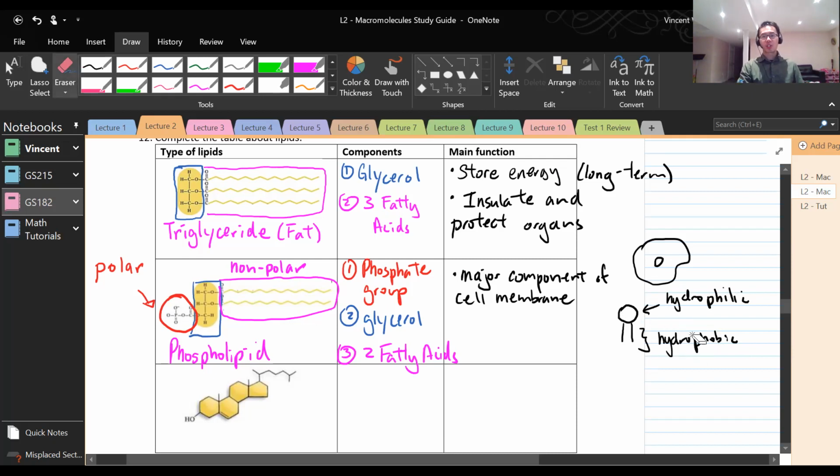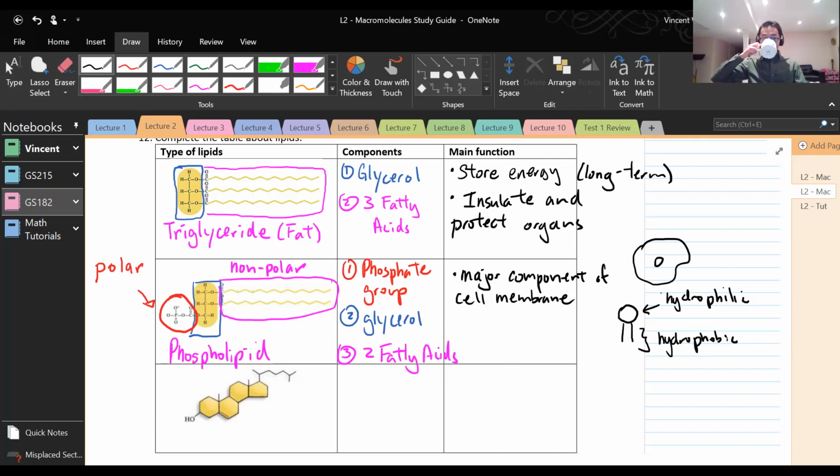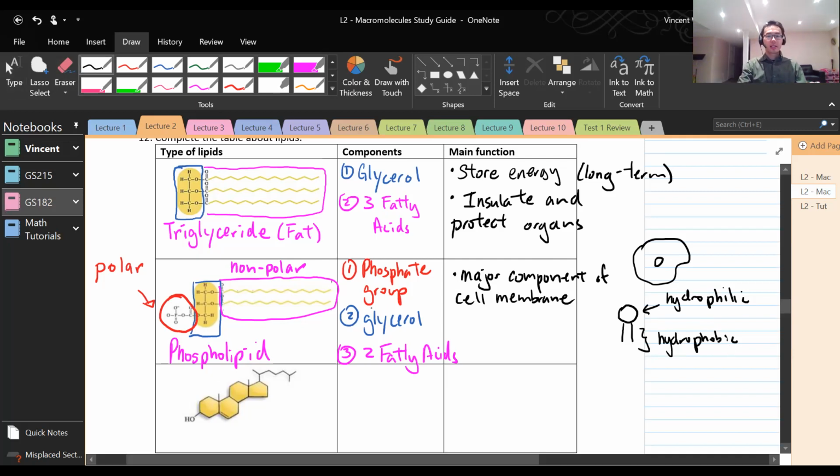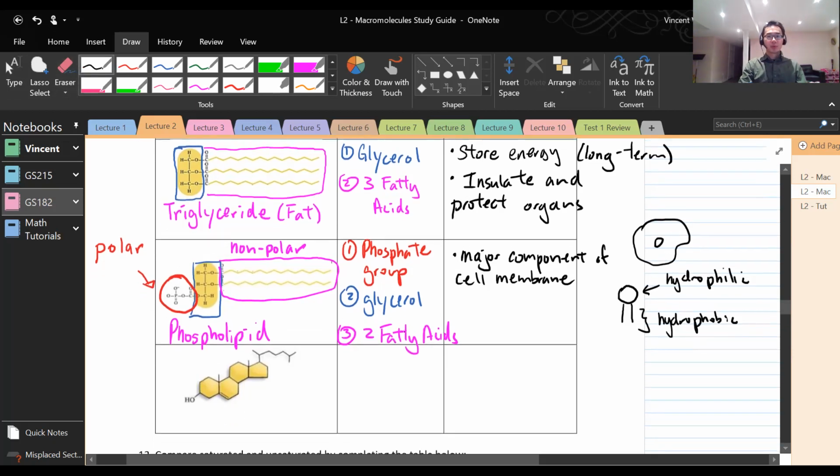The hydrophobic part will stay away from water, and that property is going to be important when we discuss the cell membrane in more detail later on. Any question about this molecule and its relationship with hydrophilic, hydrophobic, and stuff like that? No question. Okay, let's finish the next one, and then we will take a quick break.